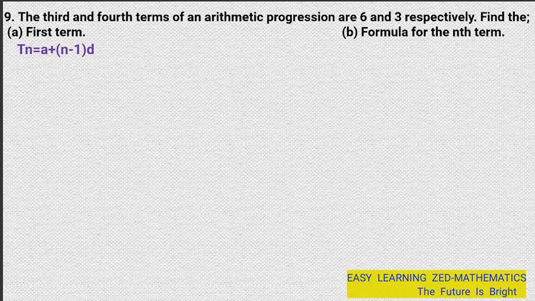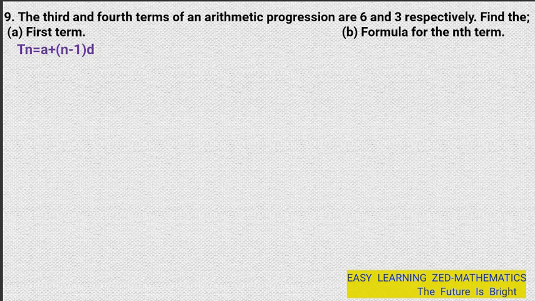So third is coming first before fourth. That means third will pick the first number being mentioned, which is 6, and fourth will get 3. So I'm going to replace the values that are given with the variables that are in the formula.